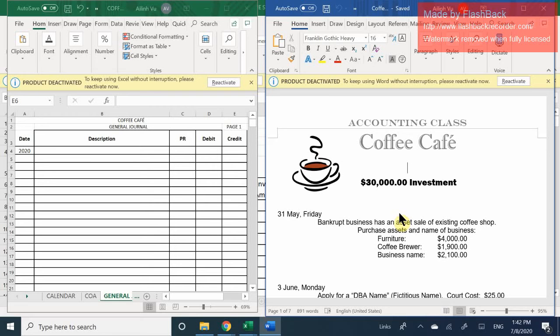Usually, for those who take the accounting portion first, we then move into the second portion, which is going to be QuickBooks, and we would continue with Coffee Cafe.